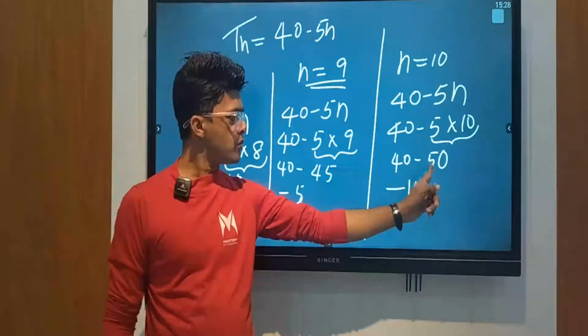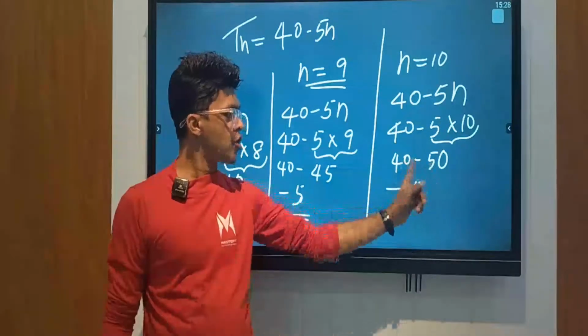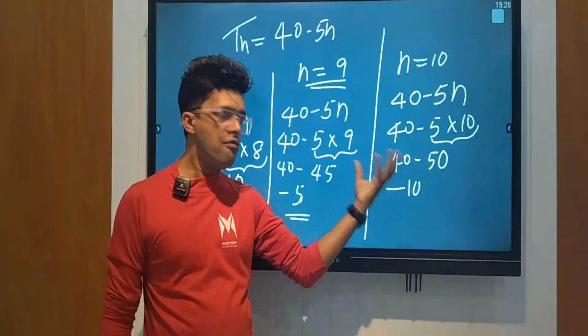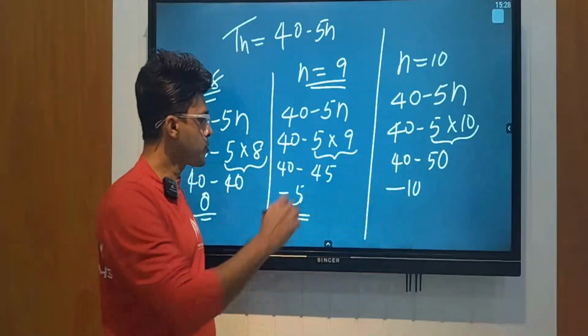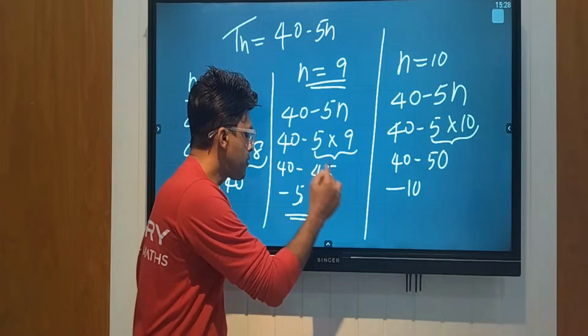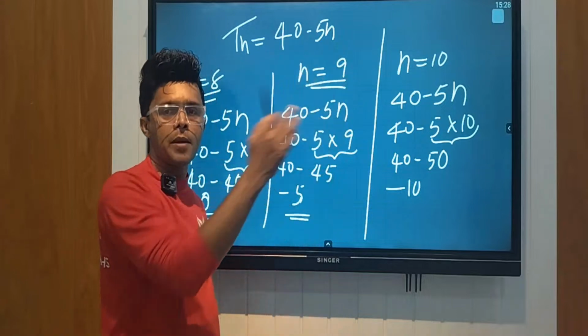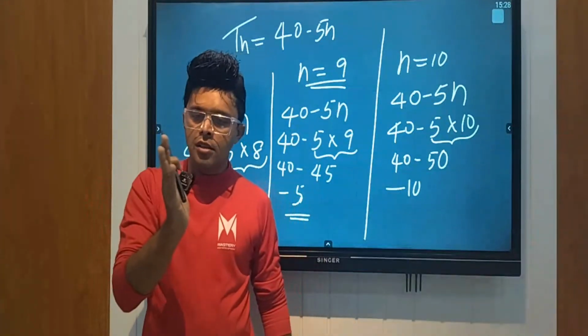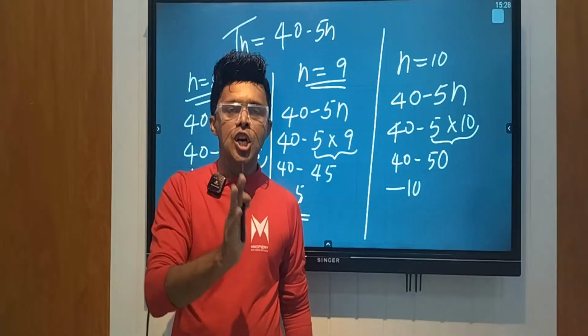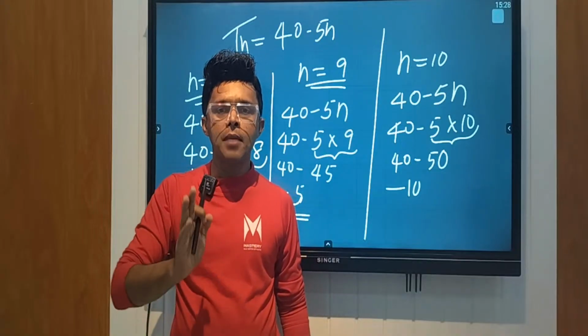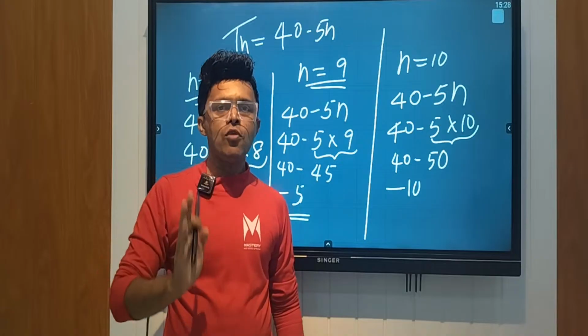The 11th term is 40 minus 55, also a negative value. Every time you simplify after the 8th term, from the 9th term, the terms you get must be negative values.